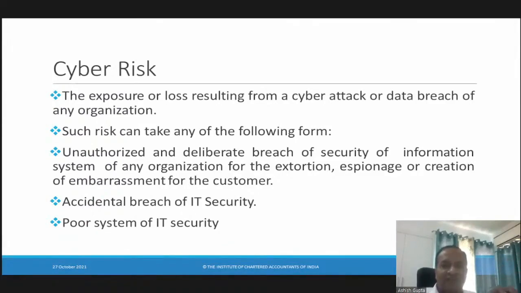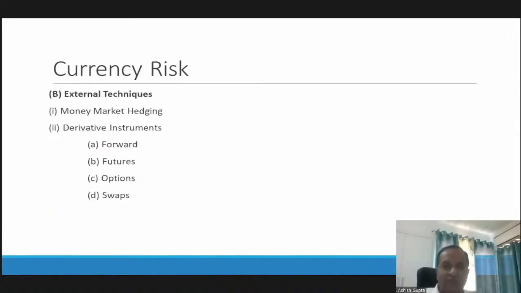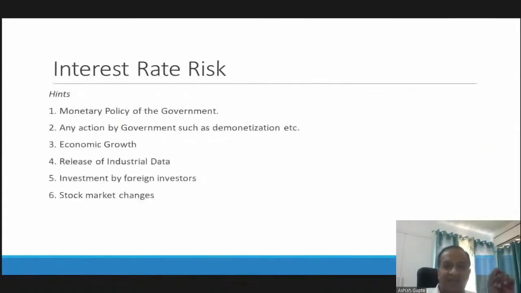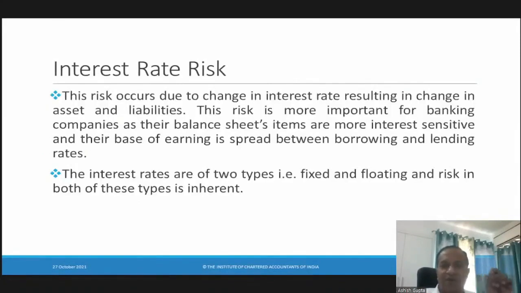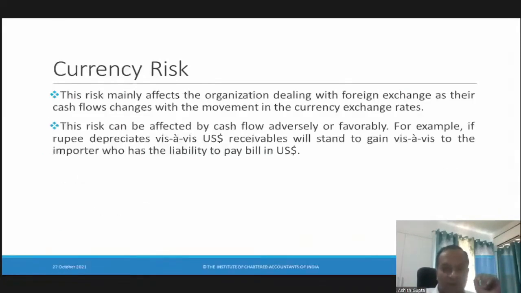Ultimately this results in embarrassment to the customer. Of course, even some systems have been hacked and put on hold, and the ransomware attacker has demanded money. This may be due to a poor IT system. So student, I hope the discussion on risk is clear to you. Currency risk and interest rate risk will be discussed in more detail when we take up the respective topic.